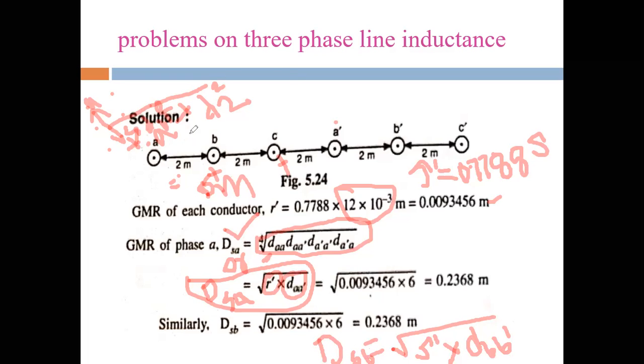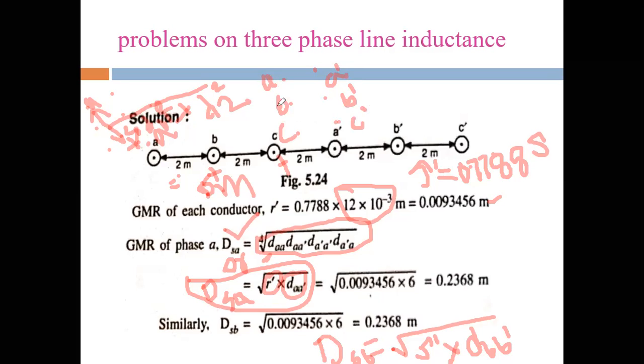In the previous problem, where the conductors were arranged in parallel, this is A, B, C, this is A dash, B dash, and C dash.